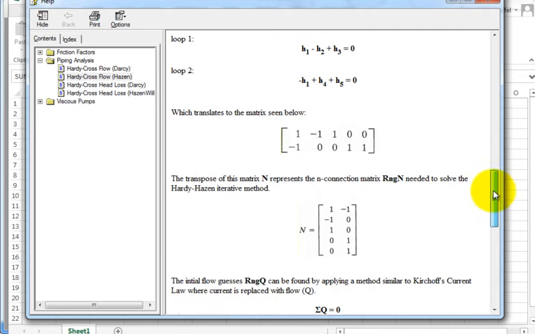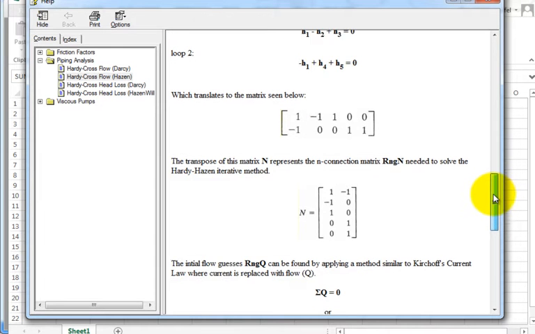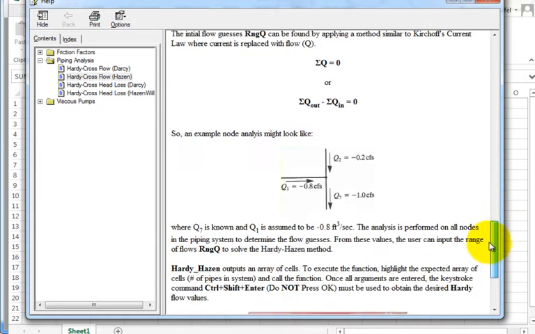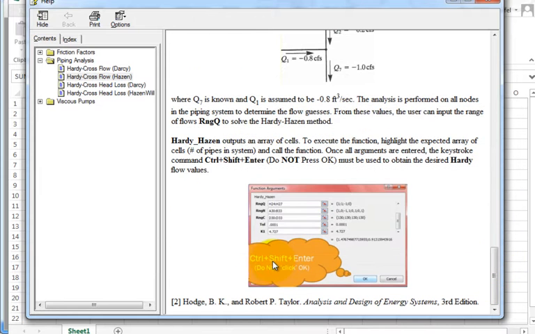And they talk about the connection matrix, so they transpose it and talk about flows. And by the way, they even have a neat little Shift-Control-Enter instead of hitting OK when you want to execute that, because you're feeding it matrices and it's doing matrix calculations. And they cite the textbook that we're using. So anyway, I thought I'd point that out.